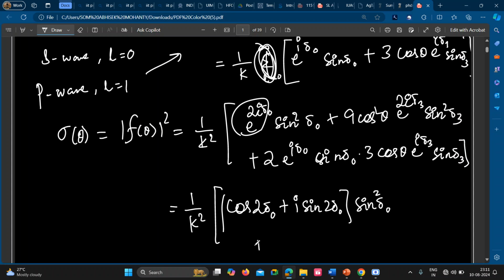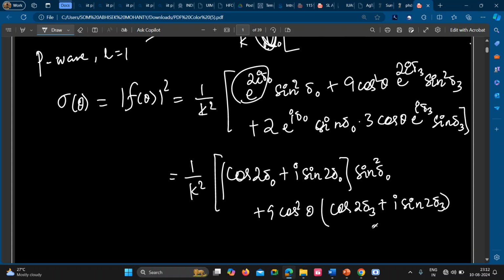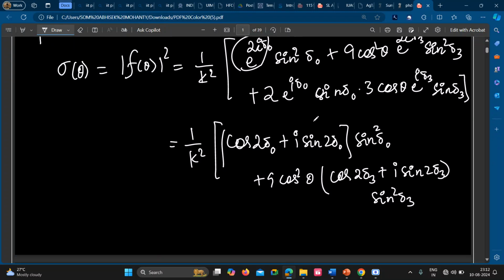Again, this one also I have to expand: cos 2 delta 1 plus i sine 2 delta 1, times sine square delta 1, plus 2 e to the power i (delta 0 plus delta 1) sine delta 0 sine delta 1 into cos theta.